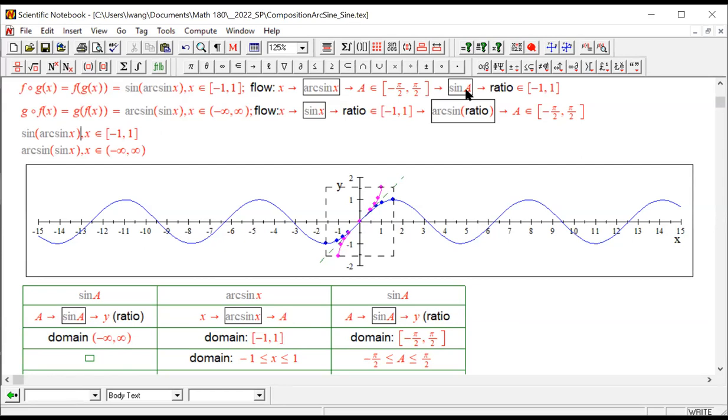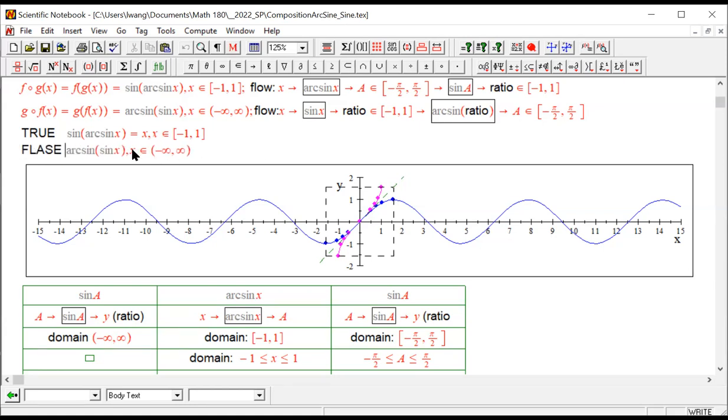Then sine takes that angle as input and produces a ratio. This one, yes, is going to be x all the time. This one is true.